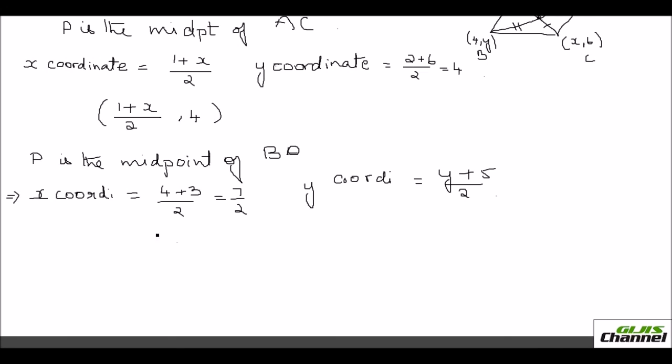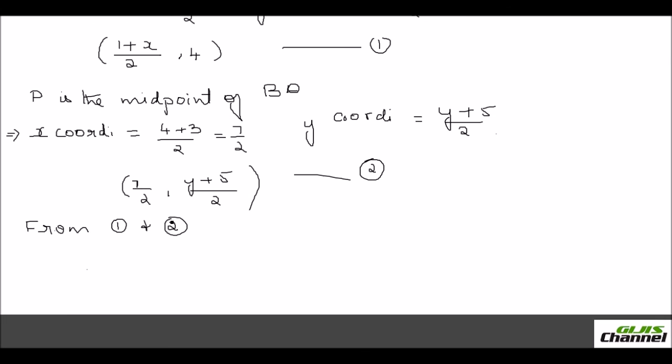So you have the point 7 over 2 comma y plus 5 by 2. Since equation 1 is equal to equation 2, I equate the x coordinates. So 1 plus x over 2 equals 7 over 2, which implies x is equal to 6.